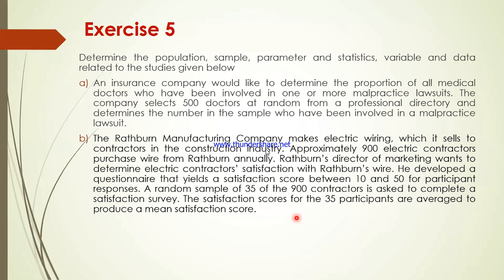Variable. What is the definition of a variable? A variable is, according to this study, an attribute of the respondents. What attribute are we measuring here? You write that attribute here as a variable.